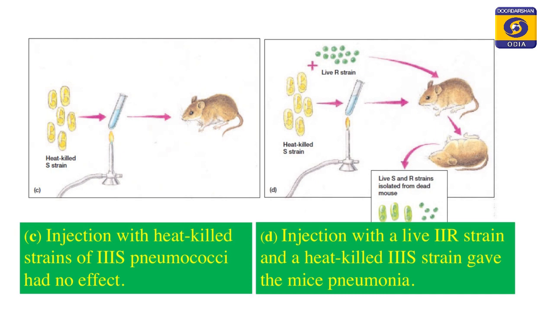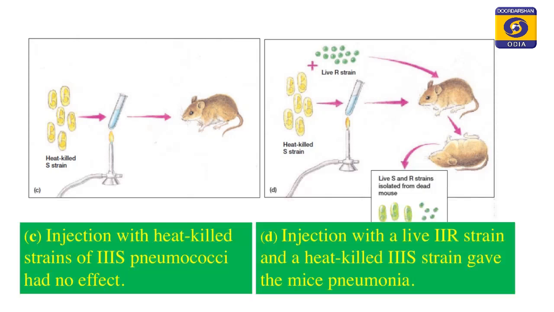That means heat killed 3S pneumococcus upon injection was not harmful, the mouse survived. But for the combination of type 2R, in which the mouse survived, and heat killed type 3S, in which also, as in diagram C, the mouse survived.